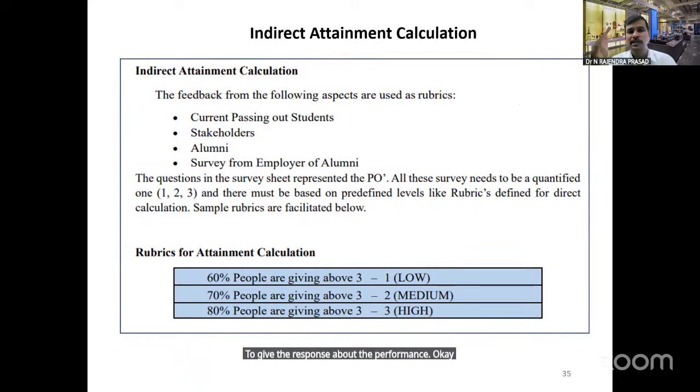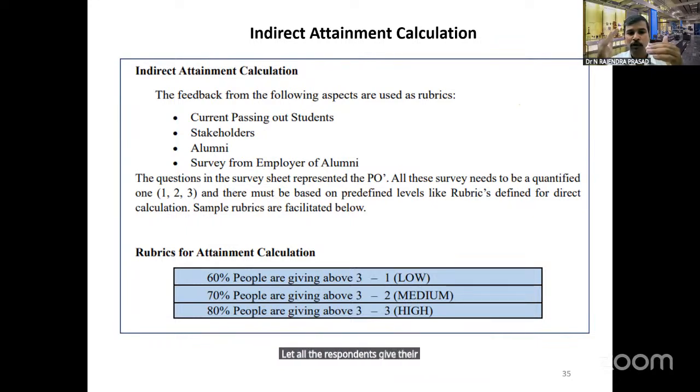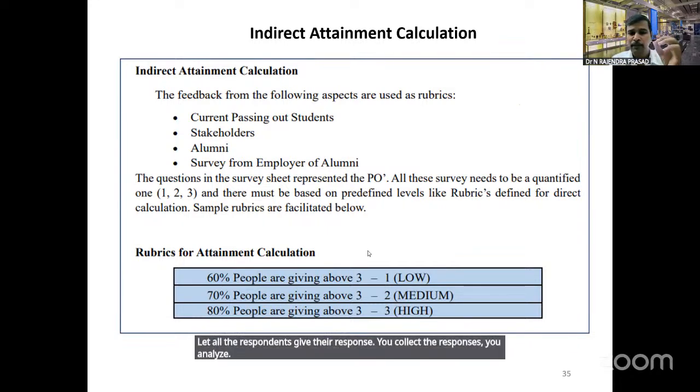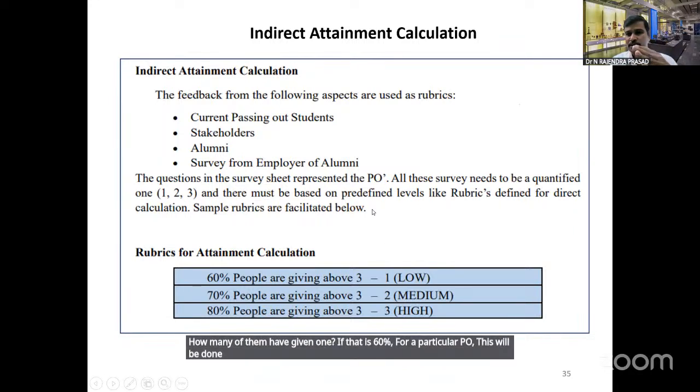Okay, you circulate this questionnaire. Let all the respondents give their response. You collect the responses, you analyze. How many of them have given 1? If that is 60% for a particular PO, this will be done PO wise or CO wise in the indirect assessment.